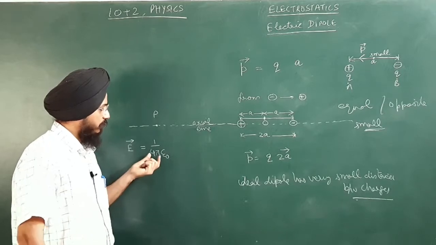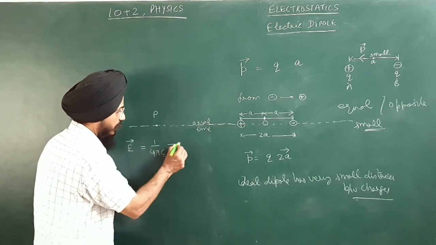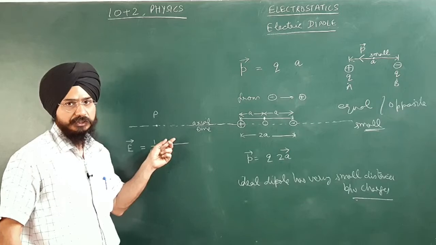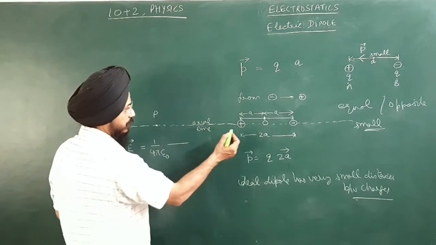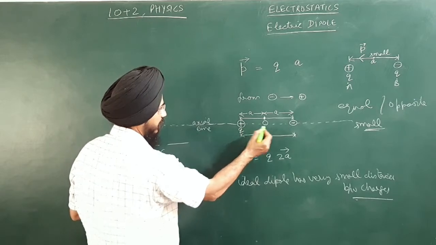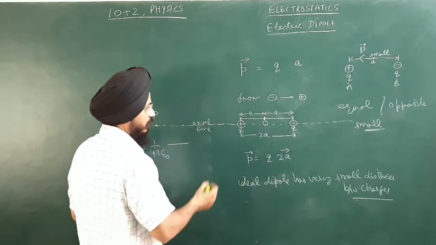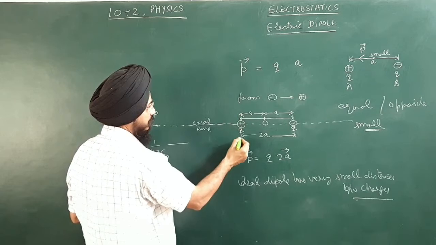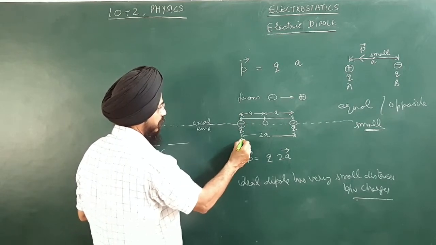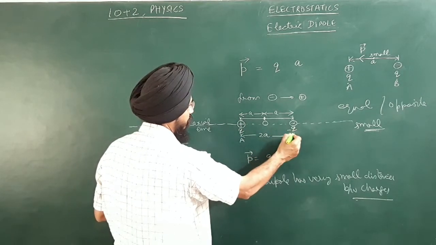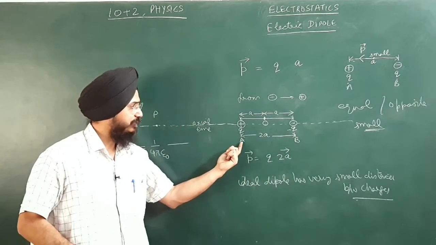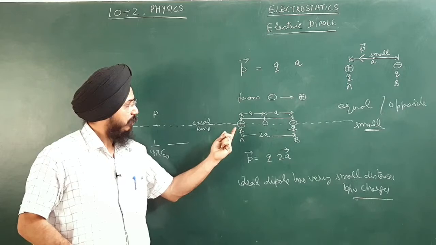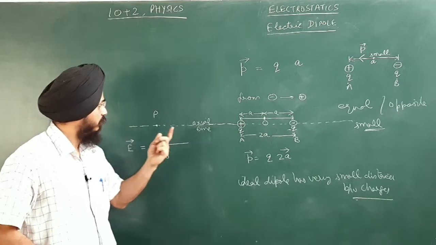Then we have to write here the magnitude of the charge of which electric field we are going to find. So there are two charges. Here is the plus q charge and here is the minus q charge. Let us suppose this plus q charge is placed at point A and this minus q charge is placed at point B. Then the charge which is present at A, that is plus q, has an electric field over here.